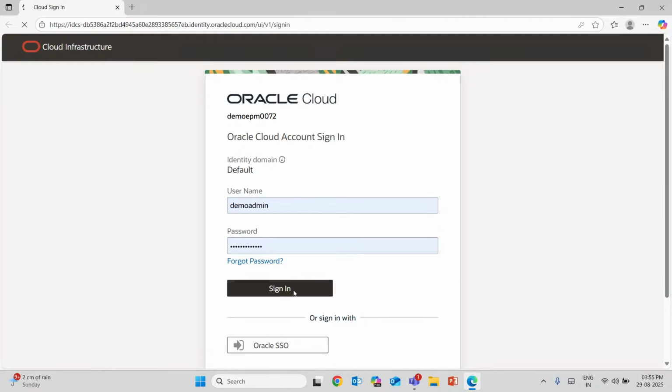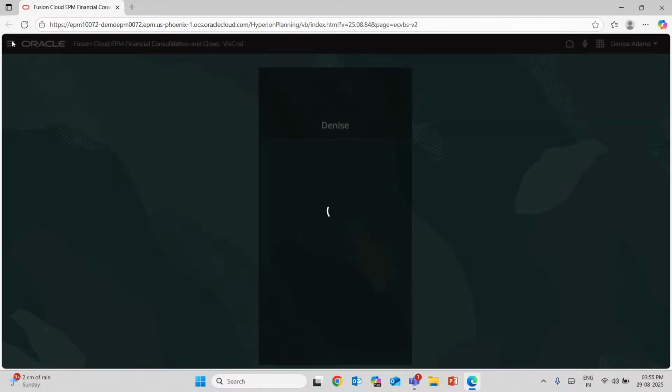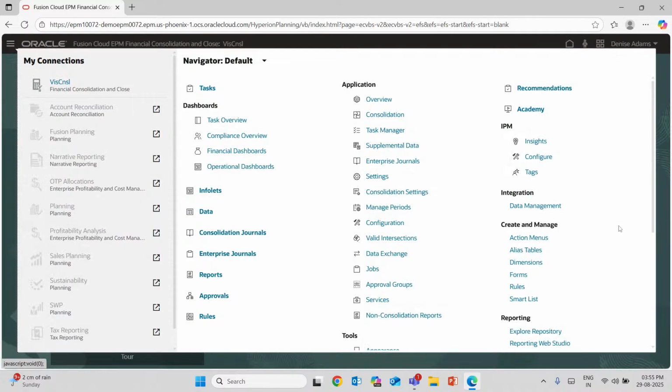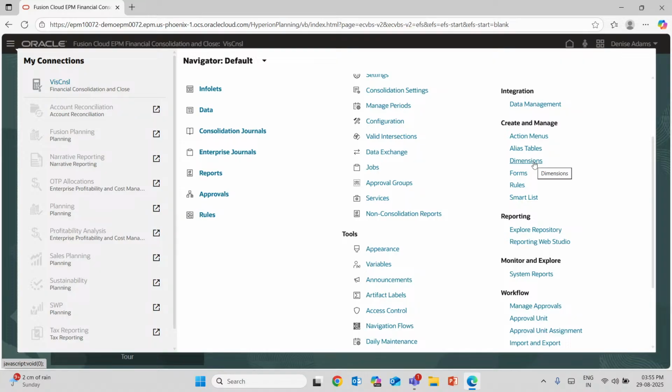To go to the dimension section, we first have to go to Create and Manage, and here are the dimensions.